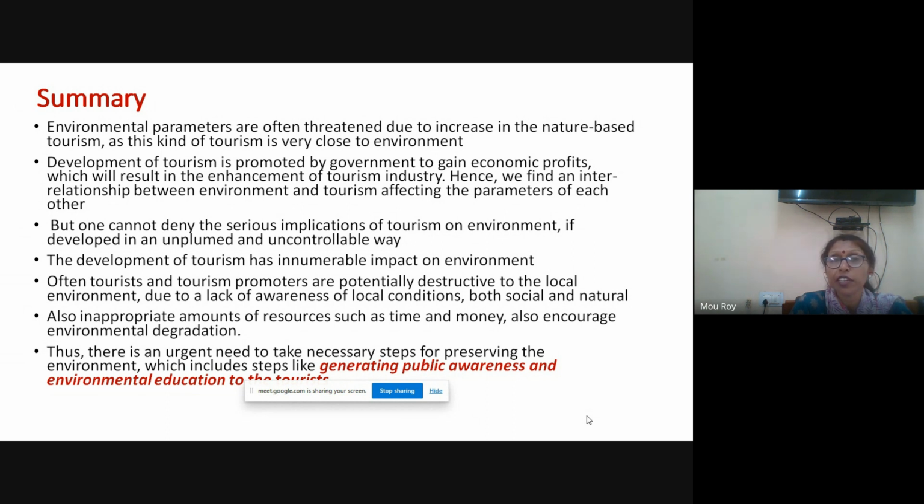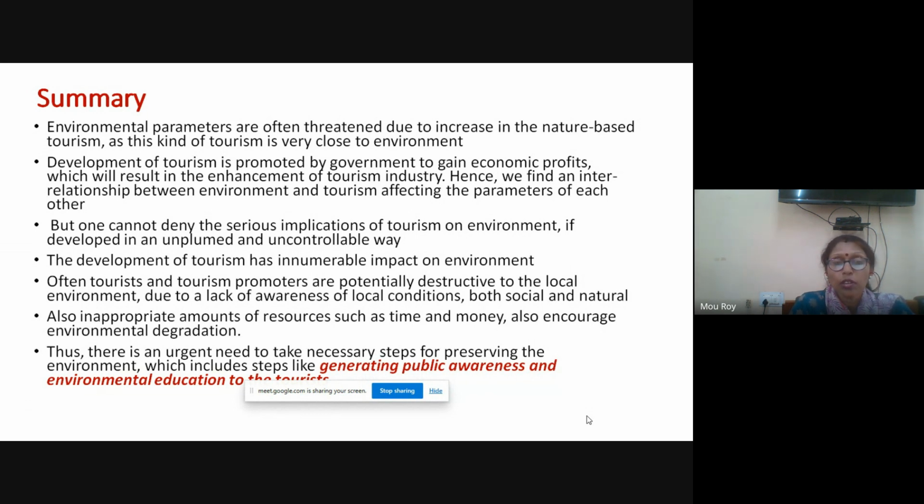It becomes very difficult for them, because especially in those areas, facilitating the services is very difficult. In plain land, facilitating the services is quite easy, but especially in hilly areas and mountain regions, it is very difficult. So we should assess the carrying capacity, which is very important.